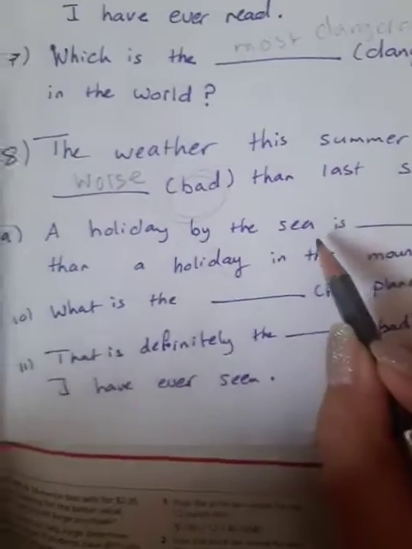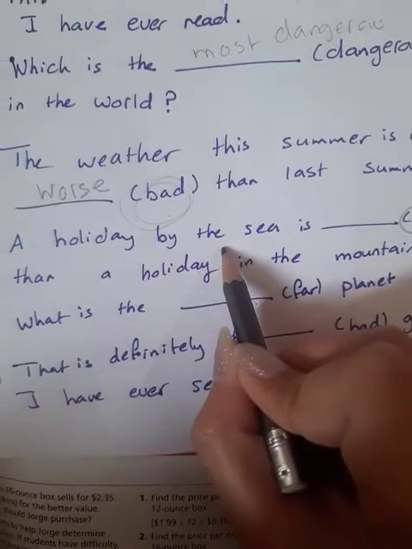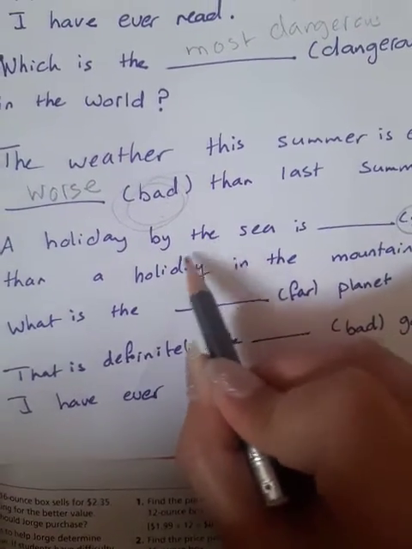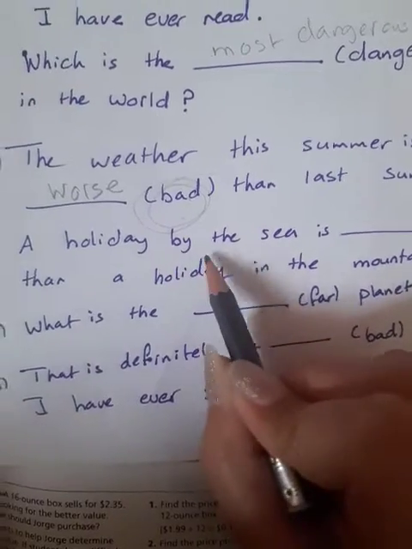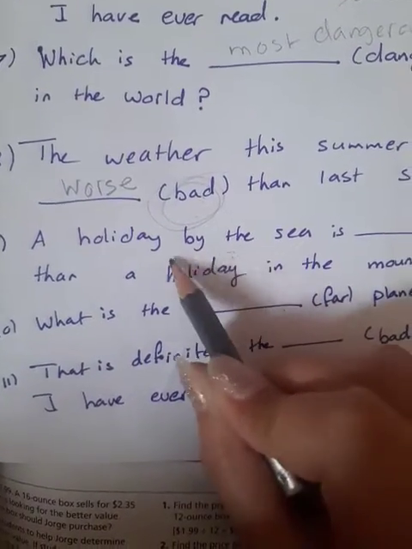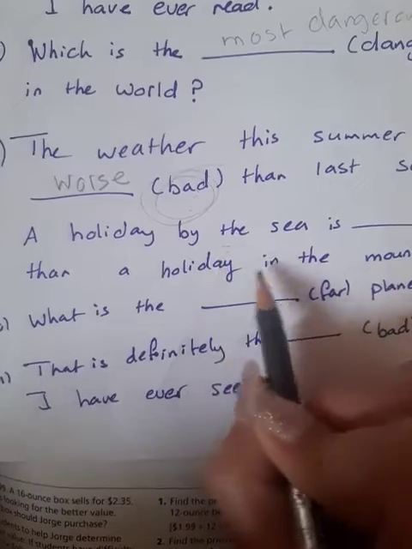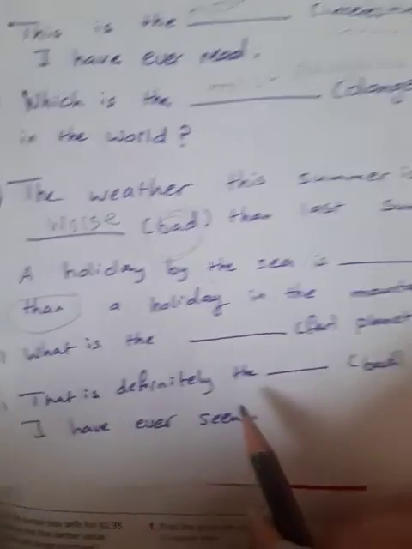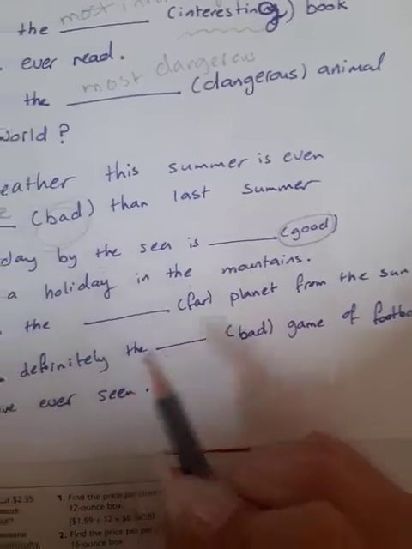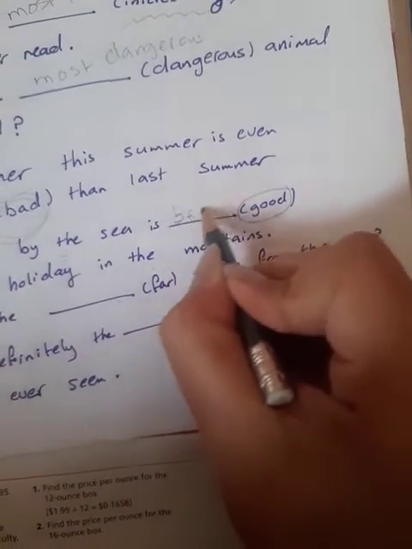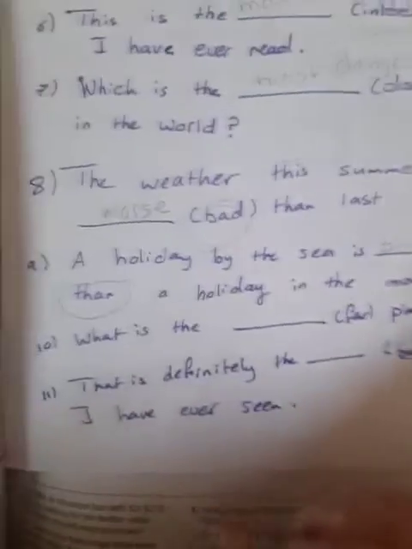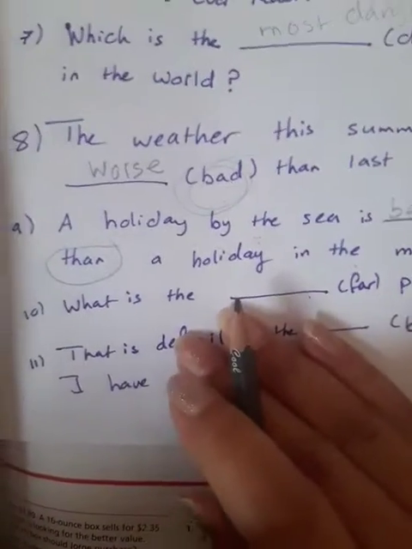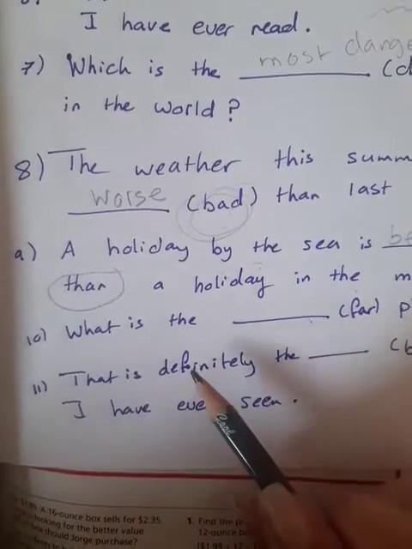Here, you know that this statement is comparative. Why? Because in the sentence, I compared between two holidays, one by the sea and the other in the mountains, and here you have the word than. So here, good will become better. Okay.